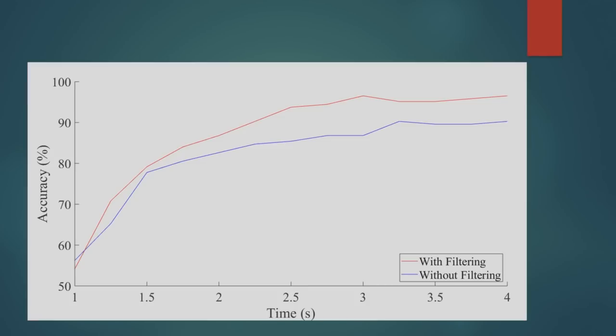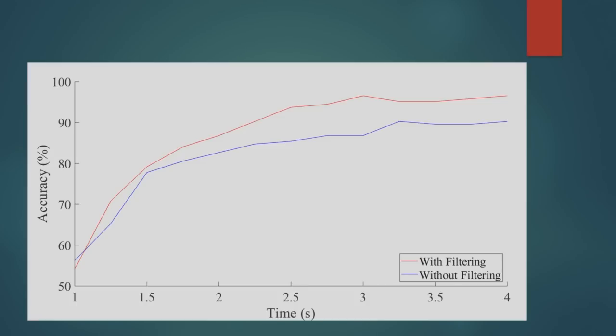An important point that I forgot to mention earlier is that in BCI research, there is often a trade-off between speed and accuracy. As you're giving more time for the system to recognize the choice of the user, the accuracy improves.